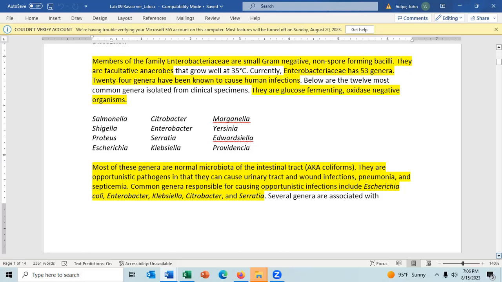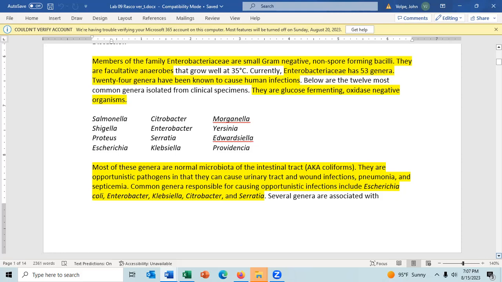All right. So members of the family Enterobacteriaceae are gram-negative bacilli, and they're all small gram-negatives. They're non-spore-forming bacilli, and some of them are so small that they're actually called coccobacilli. They are facultative anaerobes, meaning they do grow best in the presence of oxygen because they can perform aerobic respiration, but they do not need it.